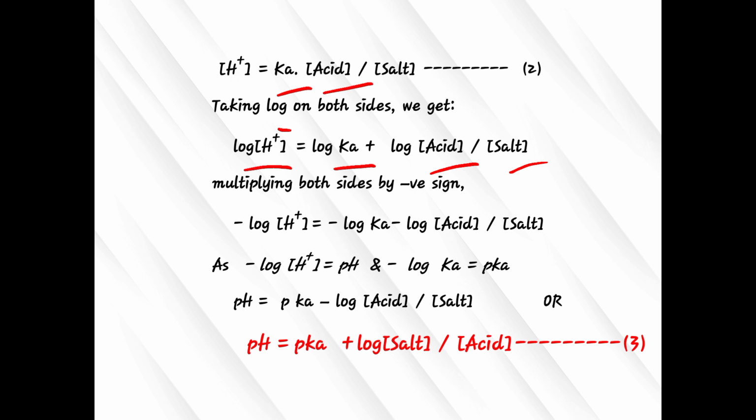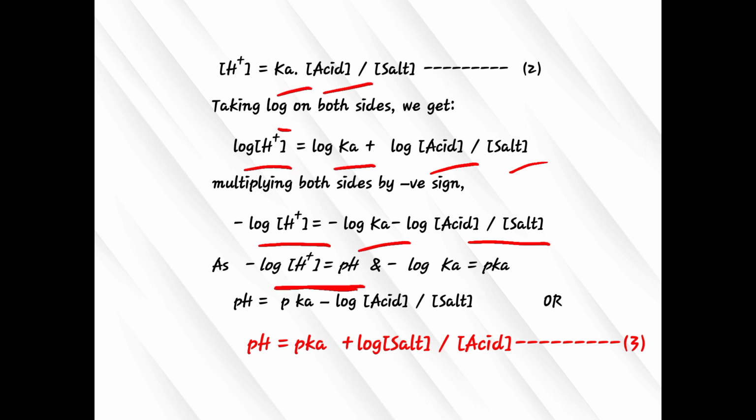Multiplying both sides by a negative sign, we get negative log concentration of H+ equals negative log Ka minus negative log of the concentration of acid divided by the concentration of salt. Therefore, negative logarithm of H+ equals pH.